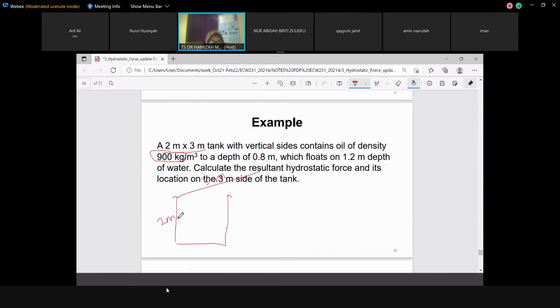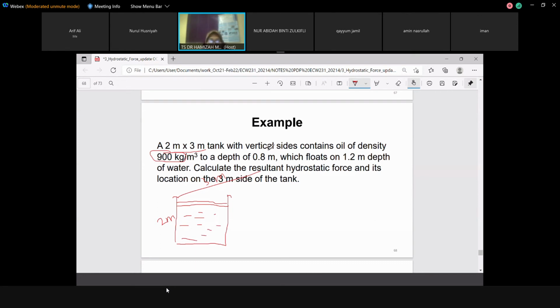So basically kat bawah ni ada air, dekat atas ada minyak. So you have air and kat atasnya ada minyak. Okay. So this is the imagination of the question.